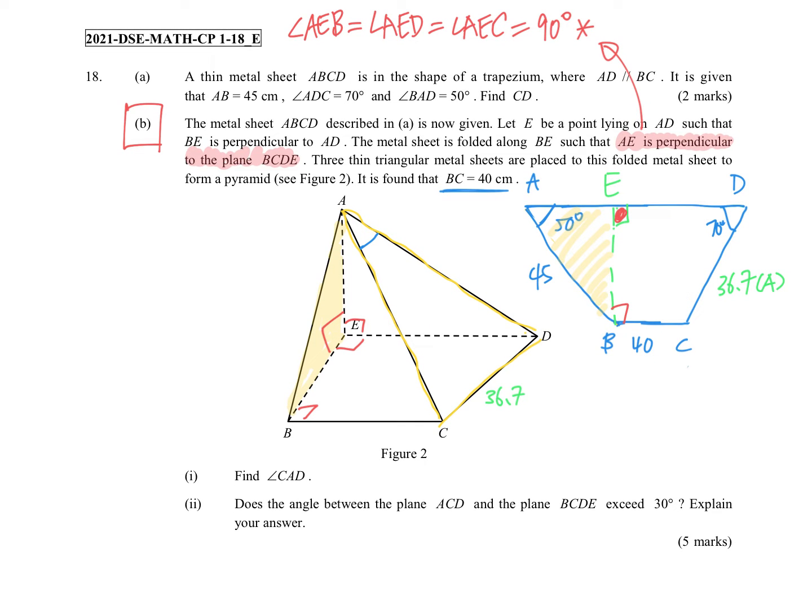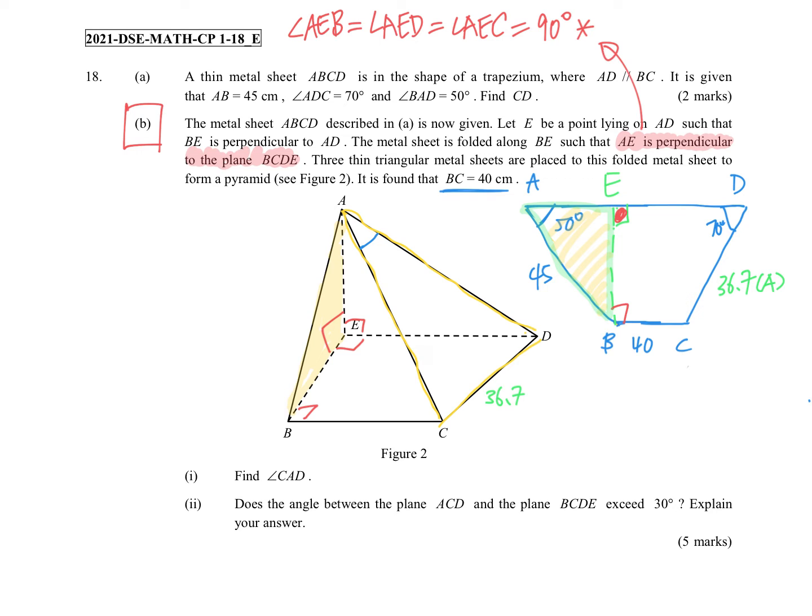Okay, now we need to find a lot of sides. So maybe we need to figure out AE first. So AE, basically we try to make use of this right angle triangle.